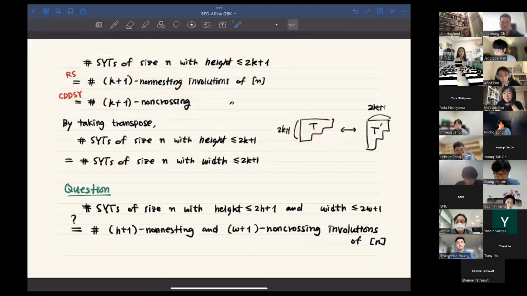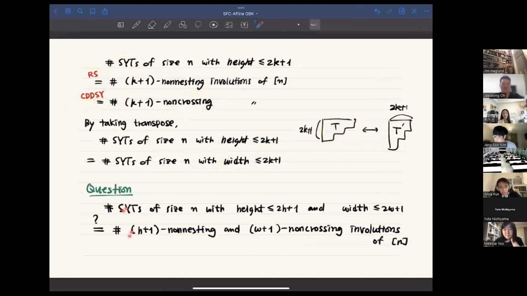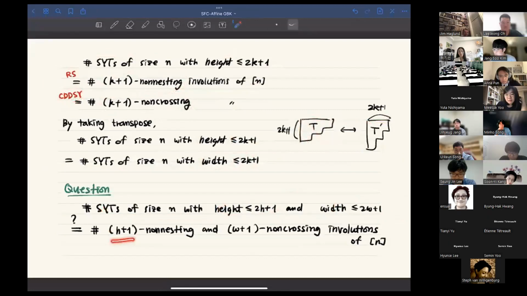So for example, the question is, are these two numbers equal? The number of standard Young tableau of size n with bounded height 2h plus 1 and bounded width 2w plus 1. Is this number equal to the number of h plus 1 non-nesting, w plus 1 non-crossing involutions? And if you think about this a little bit, you will realize that the answer is no.